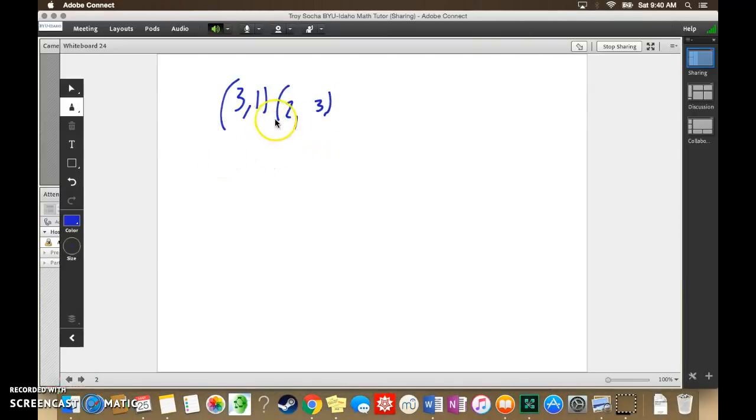Remember, we have to find the slope first, so that's 3 minus 1, y2 minus y1, and then x2 minus x1, and we get 2 over negative 1, which gives us negative 2. So we know our m is negative 2. So we want to plug this into our equation.